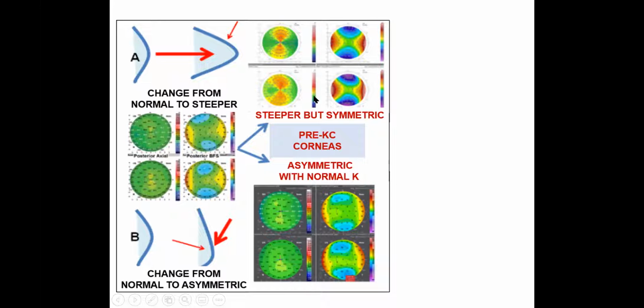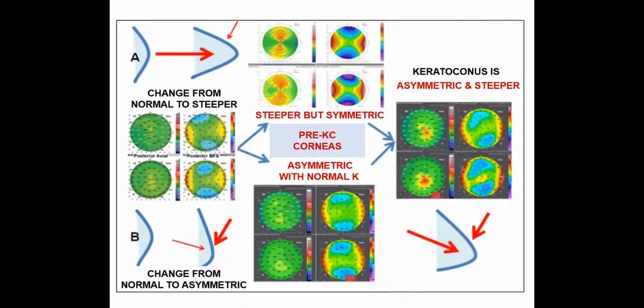These are corneas that we can now call prekeratoconus, and we should study this kind of cornea separately to see their behavior after surgery or with time. When we have both components, steepening and asymmetry, and beginning of the fried egg pattern and the yellow pattern at the center of the BFS map, then we have keratoconus.